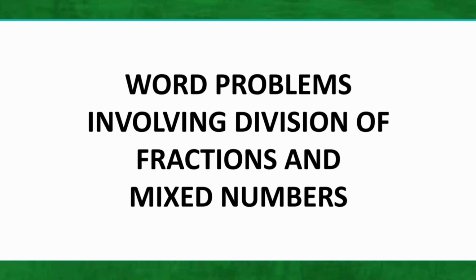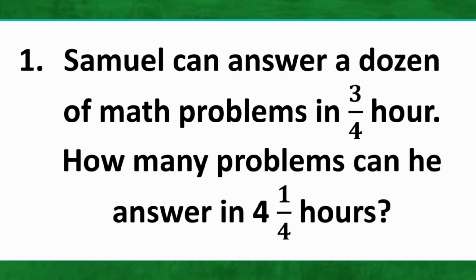Now let us try to solve word problems involving division of fractions and mixed numbers. Let's try this one. Samuel can answer a dozen math problems in 3/4 hour. How many problems can he answer in 4 and 1/4 hours?